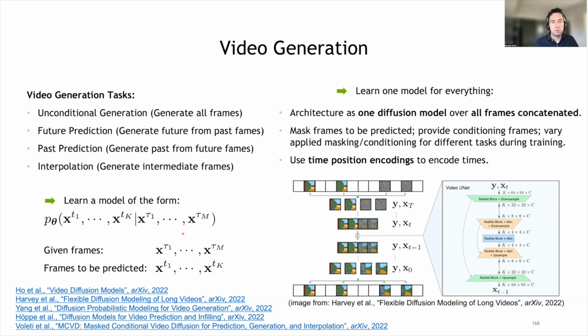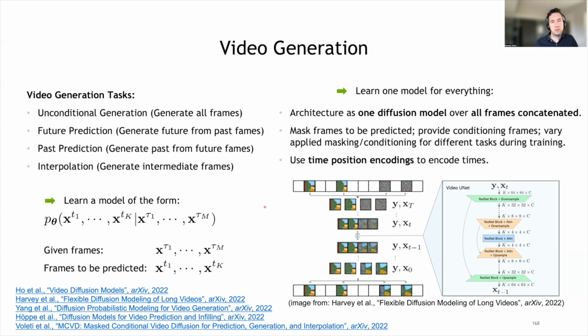Based on the conditioning frames, those are then generated. By varying the masking and conditioning combinations during training, we can train one model for these different tasks. During training, we also tell the model which frames are masked out, and we feed the model time position encodings to encode the times for the different frames. That's visualized here, for instance.